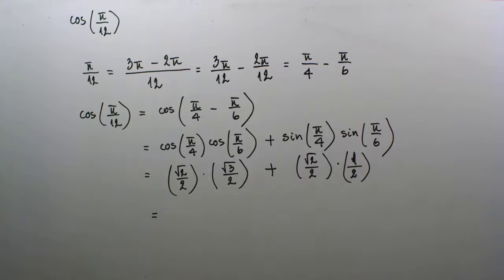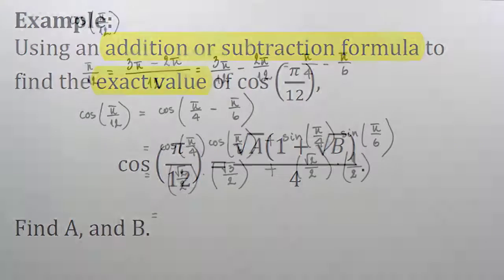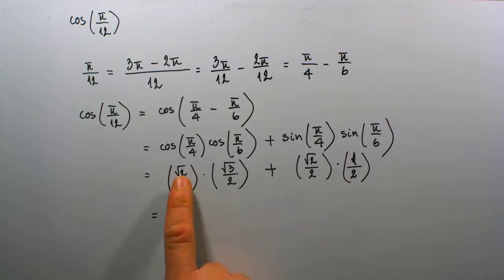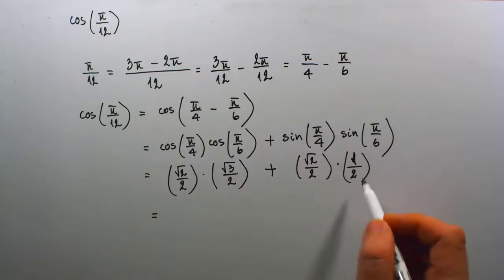Now, keep in mind, let's look back at the wording of the problem. The problem wants us to find the exact value of cosine of pi over 12. So that means we must proceed with square roots and fractions being involved here. We don't want the actual decimal value of all these calculations.